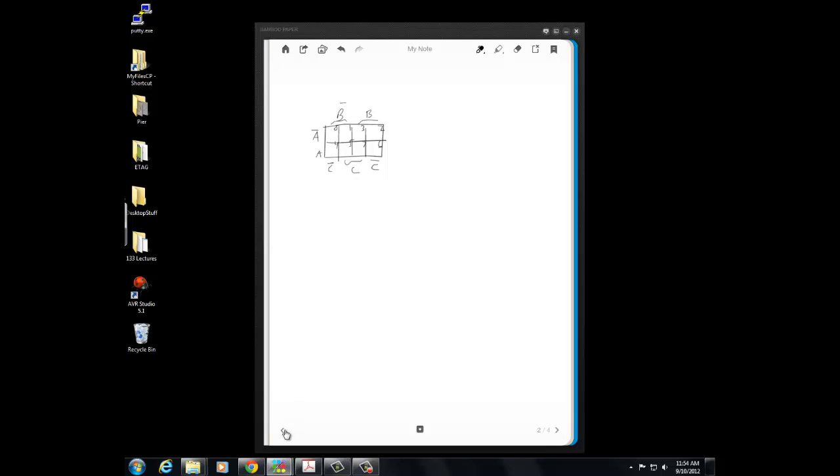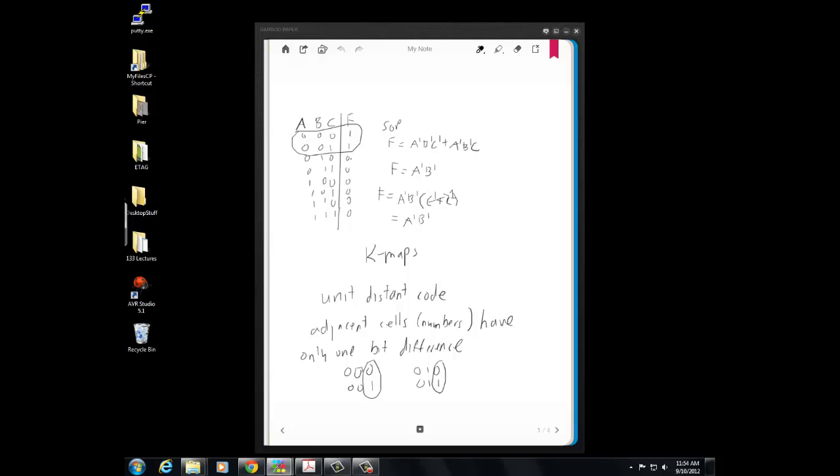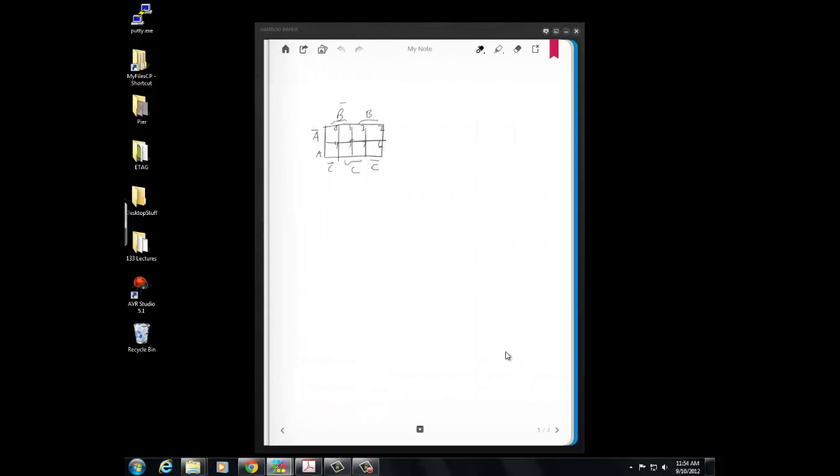So for our example, we have 1s for the 0 and 1 term, and 0s everywhere else. So we've got 1s in the K-map for these terms and 0s everywhere else.